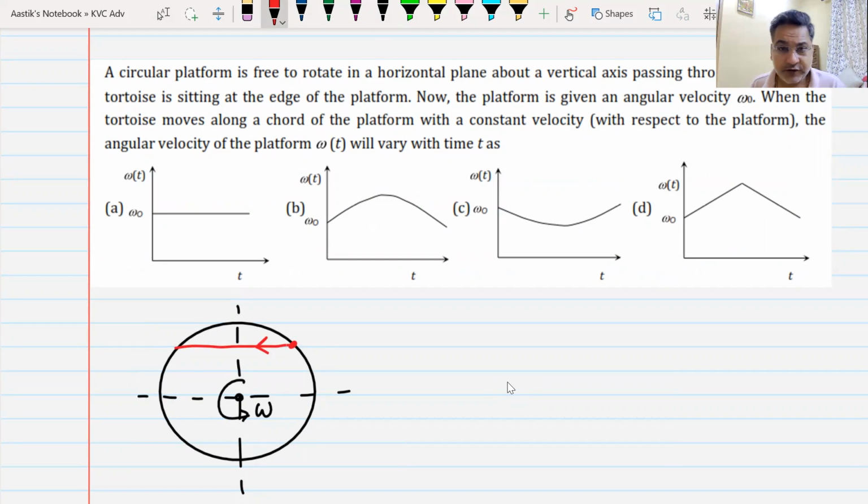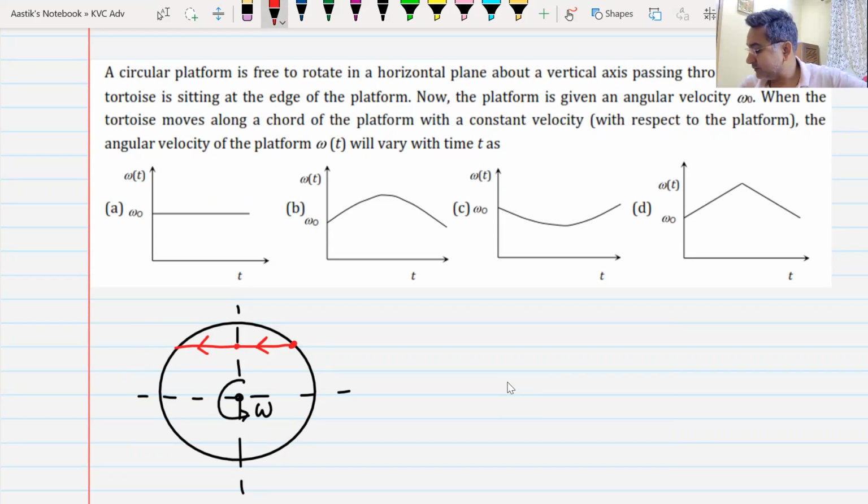When he is on the edge of the disk, the moment of inertia of the system is more, yes or no? When he comes towards the center, the moment of inertia of the system becomes the least, and then again the moment of inertia increases. Since the moment of inertia is first decreasing and then increasing, omega should first increase and then decrease.